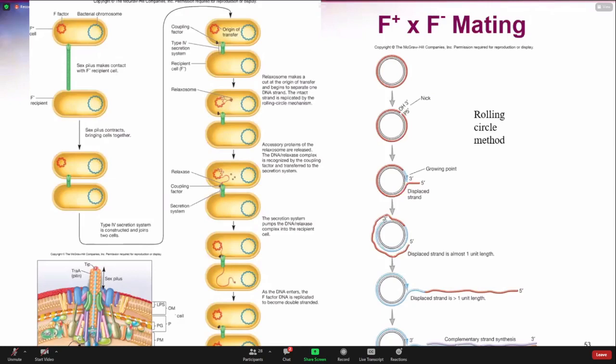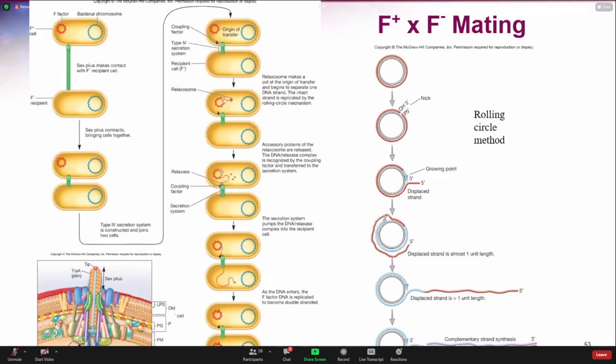And it takes about an hour for the entire F factor to be transferred to the F minus cell, or the recipient cell. And once it's within the recipient cell, then the recipient cell will use its own DNA polymerase to copy it into a double-stranded F factor.